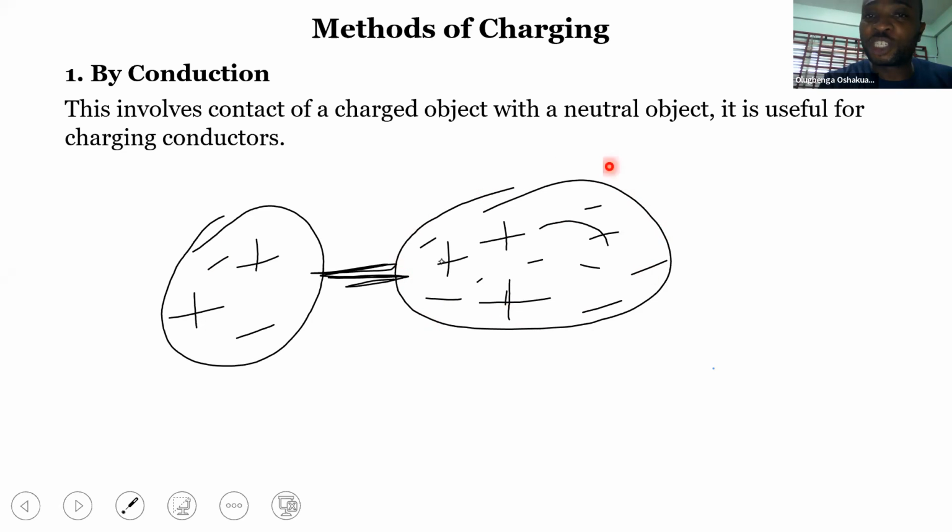This particular body is charged because it contains excess negative charges. When the charged body is brought close to touch the neutral object, electrons, negative charges, will flow to the neutral object because there are so many excess charges here. So part of the excess negative charges will flow to the neutral body, making it negatively charged.